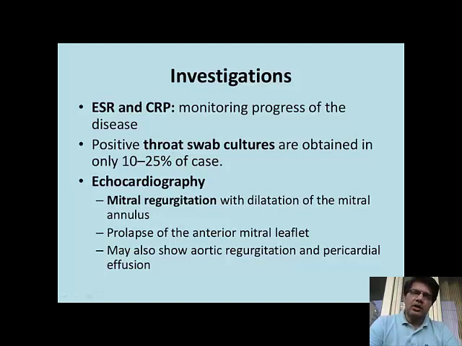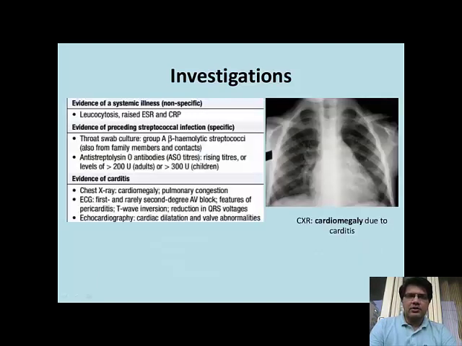How do you document the cardiac damage? Obviously, some by clinical examination and others with echocardiography. As I said, no stenosis, only aortic regurgitation and mitral regurgitation is pretty common. Investigations, pretty easy.